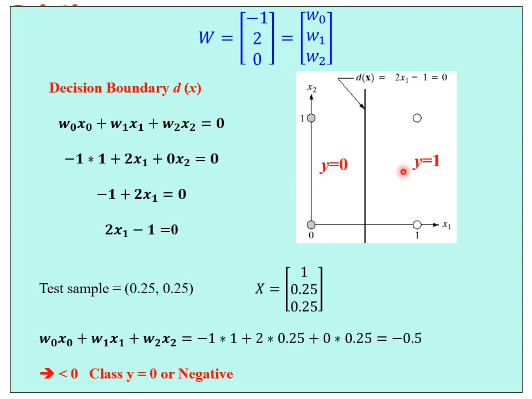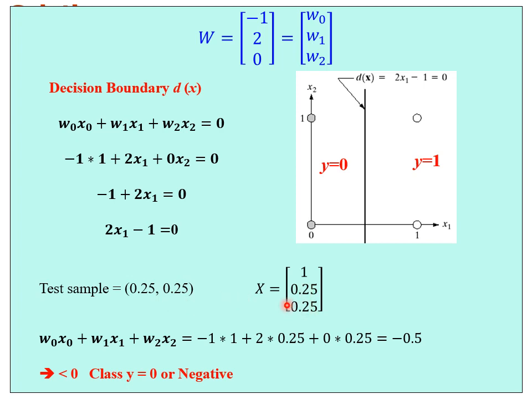Otherwise, if the sample is towards the right-hand side of the decision boundary, then the class of the sample is positive. Let us try this with one test sample. Let us assume that our test sample is 0.25, 0.25, so small x1, small x2 are 0.25, 0.25.